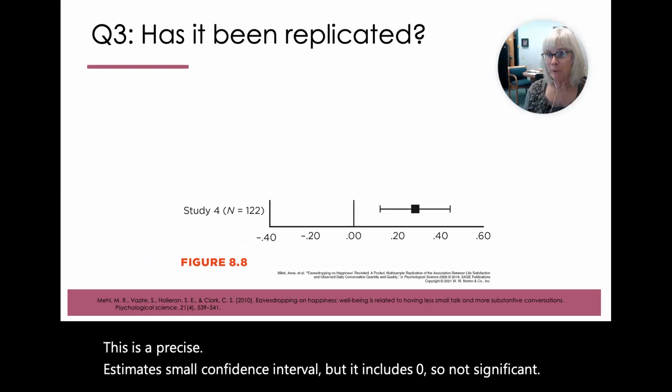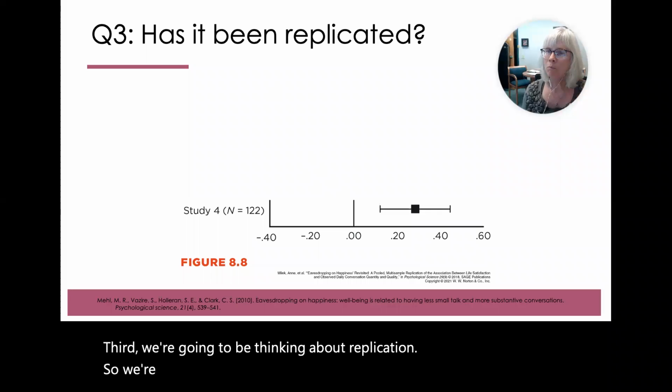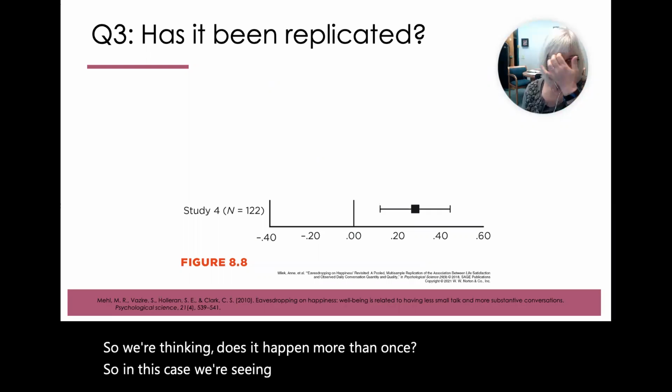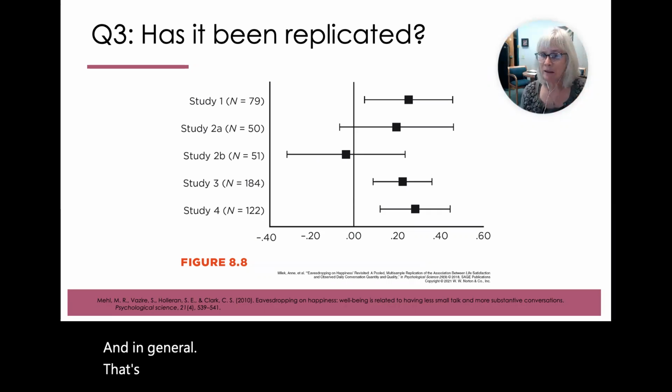Third, we're going to be thinking about replication. So we're thinking, does it happen more than once? So in this case, we're seeing a correlation of about 0.3. And in general, that's about what we're seeing across a series of 5 studies.